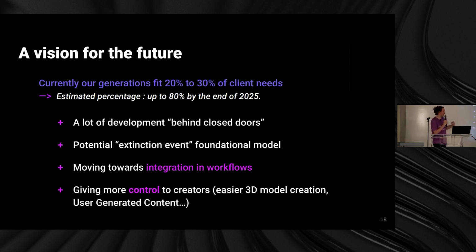Currently, our generation at Chat3D, we estimate, covers between 20 to 30% of our clients' needs, meaning that for around 20 to 30% of the assets they actually need to generate, they can go through our platform. We estimate this percentage to go up to 80% by the end of 2025 with the current trends in the field. Right now, we're seeing a lot of developments, what we call behind closed doors, from private companies.